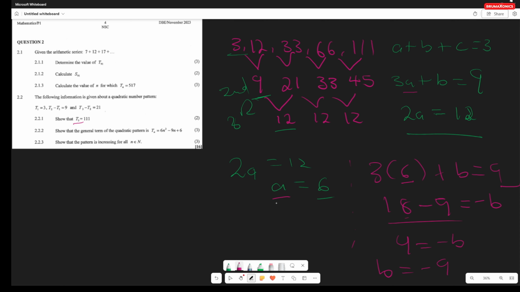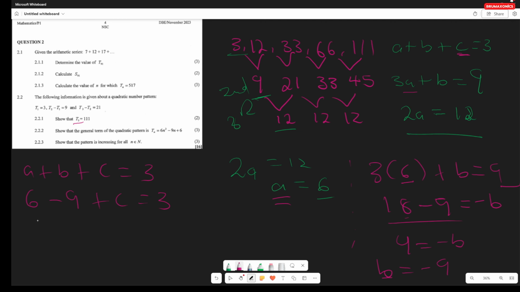Cool. Now we have a, we have b, and we are looking for c. With c, a plus b plus c is equal to 3. And then a will be 6, and then plus b, which is minus 9, plus c, which is equal to 3.